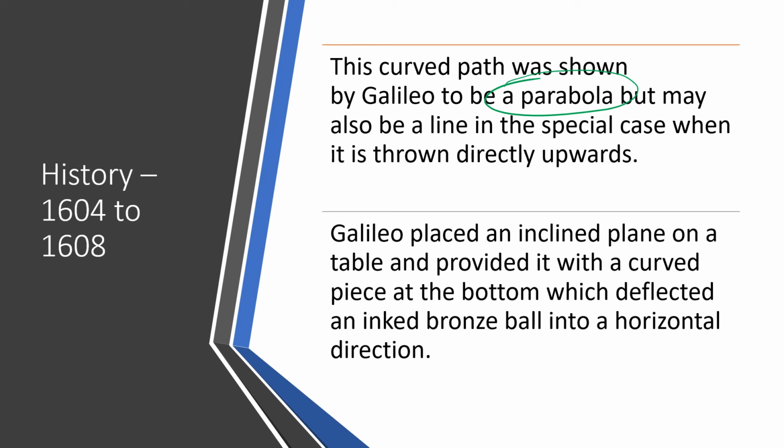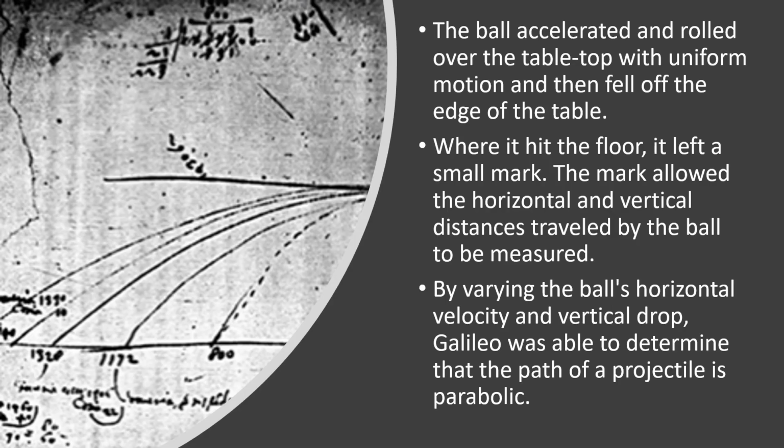What he did was place an inclined plane on a table and provide it with a curved piece at the bottom, which deflected a bronze ball into a horizontal direction. The ball accelerated and rolled over the tabletop with uniform motion and then fell off the edge of the table. Wherever it hit, it left a small mark, and you can see the diagram on the side. The marks allowed the horizontal and vertical distances to be measured.